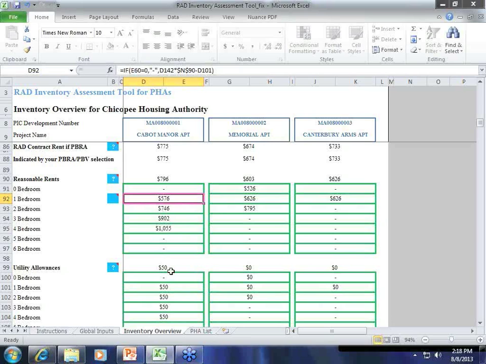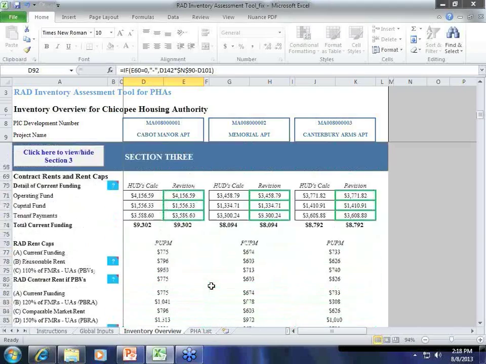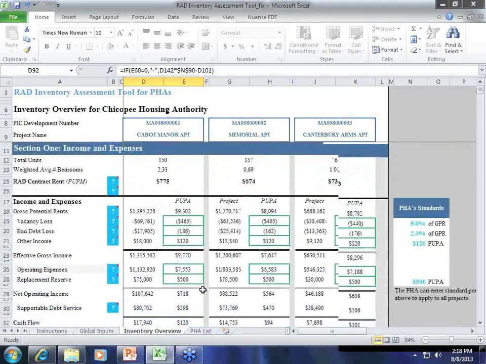Similarly, for utility allowances, we don't have very good data on this by project, and so we put in estimates based on what we could deduce from each project. Okay, so that's just on the rents.